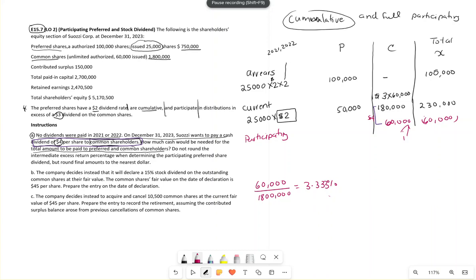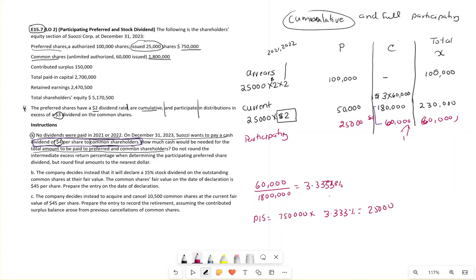If you take it to 4 decimal places, that's how much we give to the common shareholders. The value of your preferred share was 750,000 multiplied by 3.333% gives me the 25,000. So we gave them the 25,000.